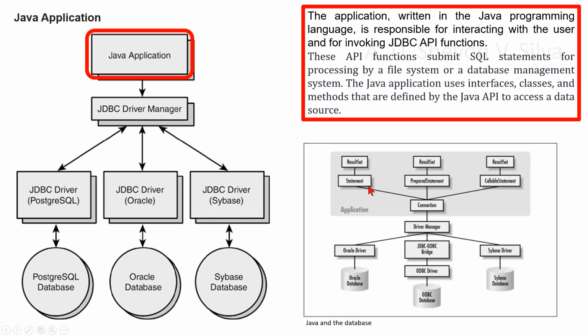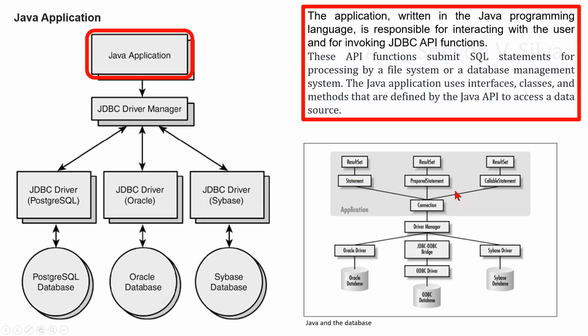Therefore, if the reading of one ResultSet object is interleaved with the reading of another, each must have been generated by different Statement objects. All execution methods in the Statement interface implicitly close a current ResultSet object of the statement if an open one exists.